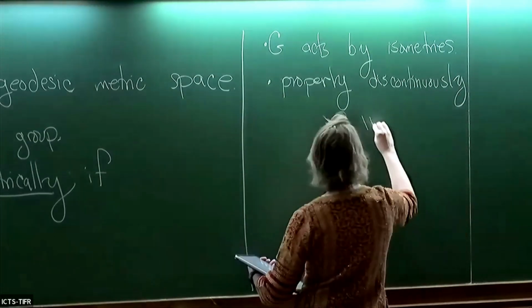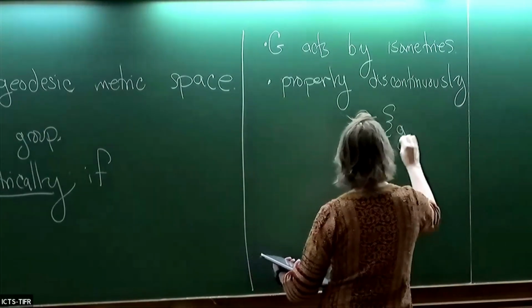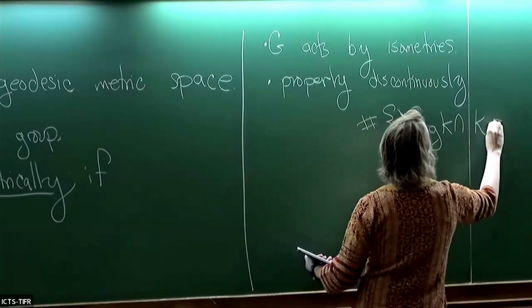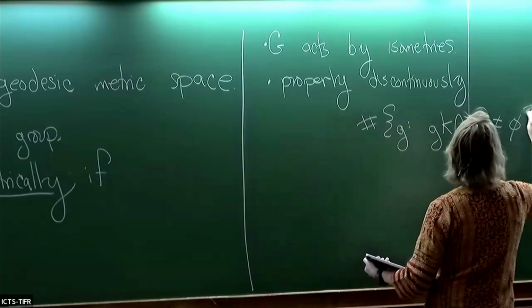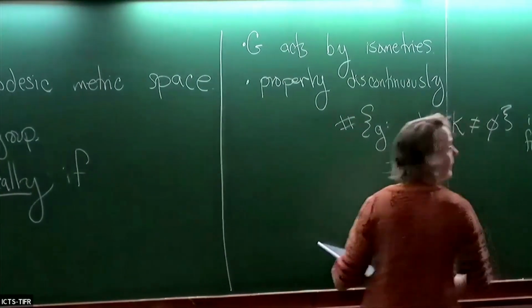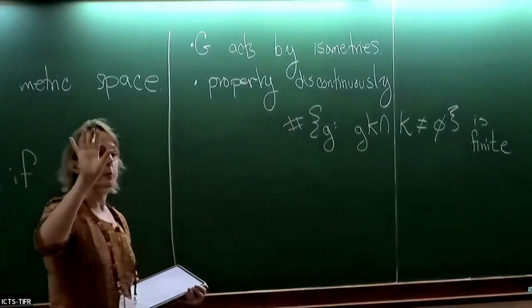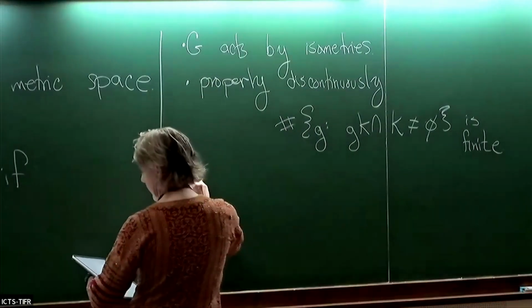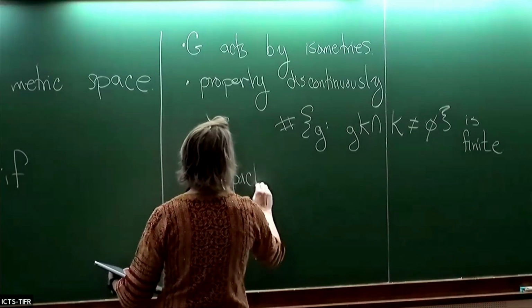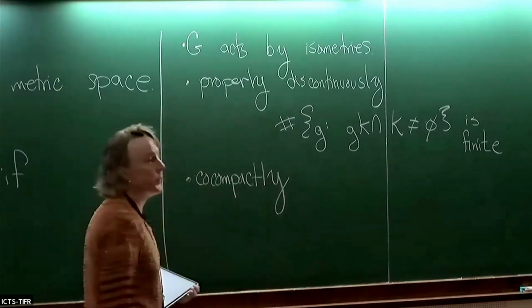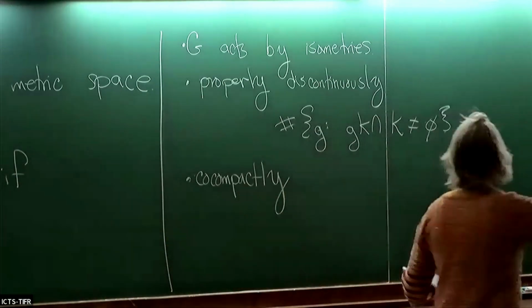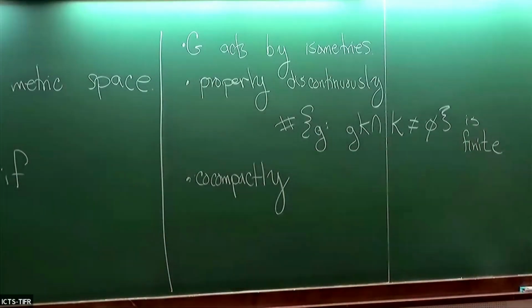So this means that the number of g such that gK intersect K is not equal to the empty set is finite for any compact set K. So it just means things don't bunch up against each other too much. And co-compactly. So this just means there's a compact fundamental domain, or when you quotient out your space by the group, you get a compact space. Okay, so we're going to be considering geometric actions.